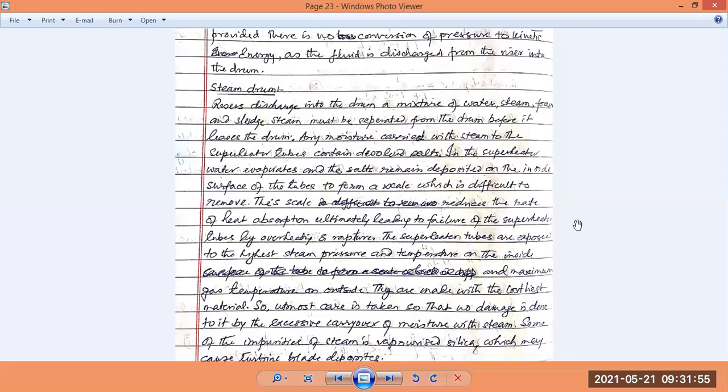So more fuel is required to make the same amount of heat, and the efficiency of the whole system will be lower.